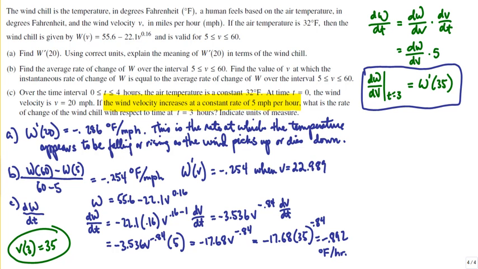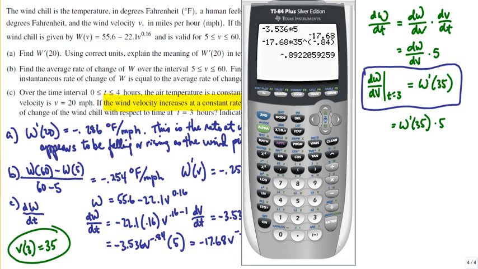So now we're going to put that back together, and what we're really looking for is W prime of 35 times 5. If we bring out the calculator again and go back to our functions, we have y2 is W prime of v. If I turn off everything else and graph that, this is W prime already, so I'm just looking for a value here.